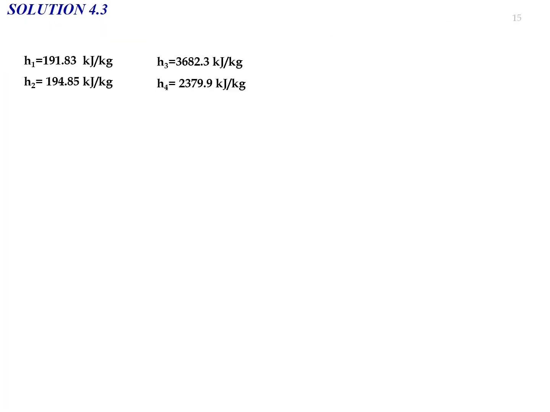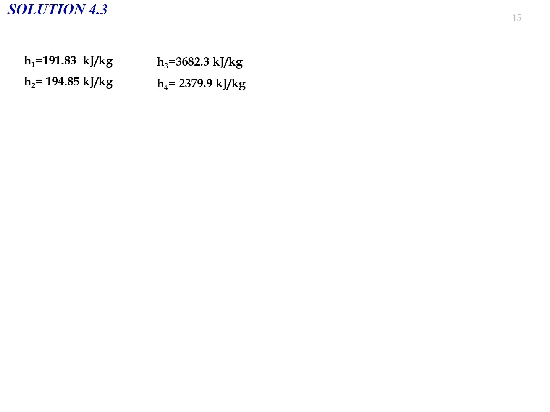For question B, we already obtained the values of H1 and H4, where H1 and H2 we still use the same data as in question A. However, we recalculate the values of H3 and H4 because the condition has changed.